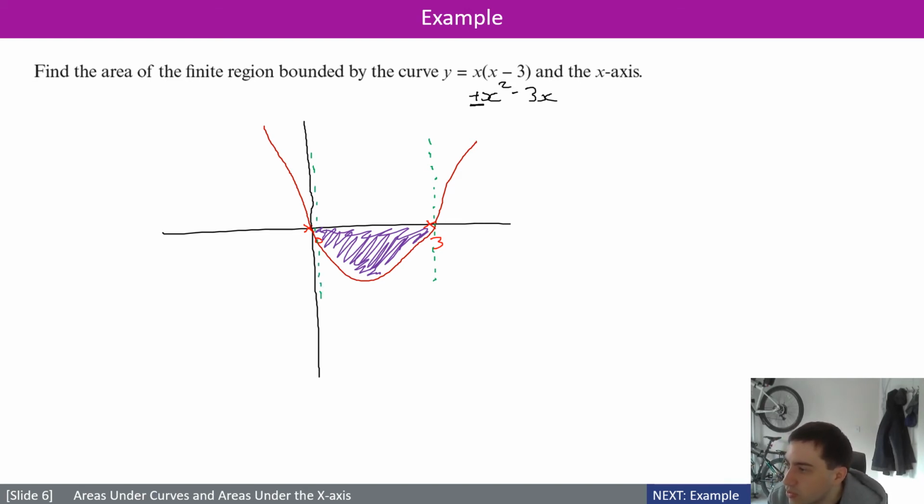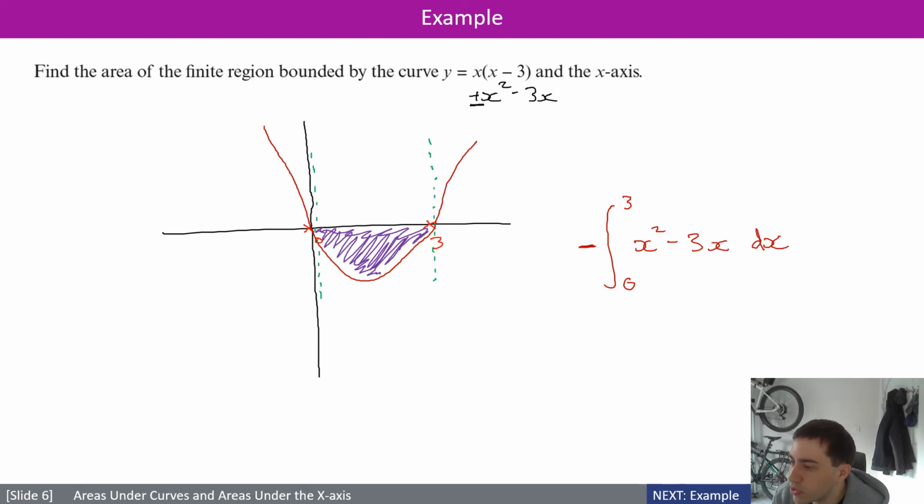So what we need to do is find the integral from 0 to 3 of the function, which in this case is x squared minus 3x. But then, because it's below the x-axis, we're going to take the negative of that, and it will give us a positive answer at the end.